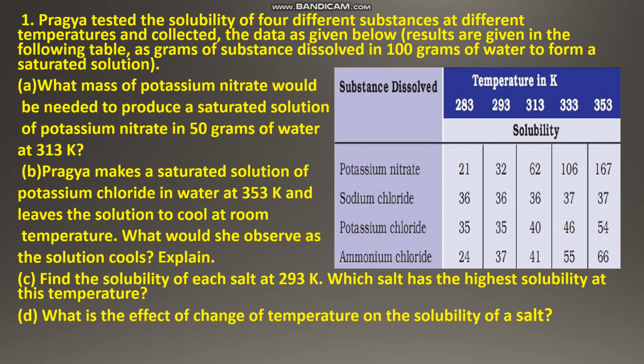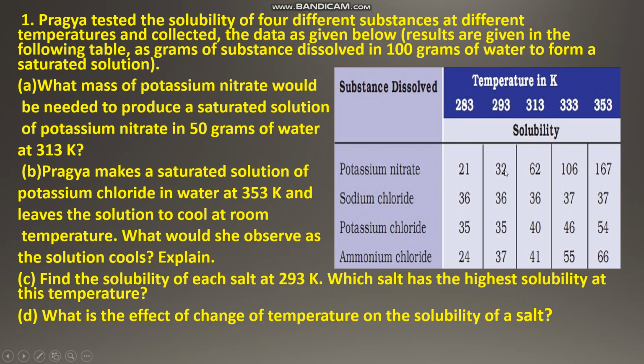Next question. Find the solubility of each salt at 293 Kelvin. Which salt has the highest solubility at this temperature? So, solubility of each salt at 293 Kelvin. This solubility is given per 100 gram of water.